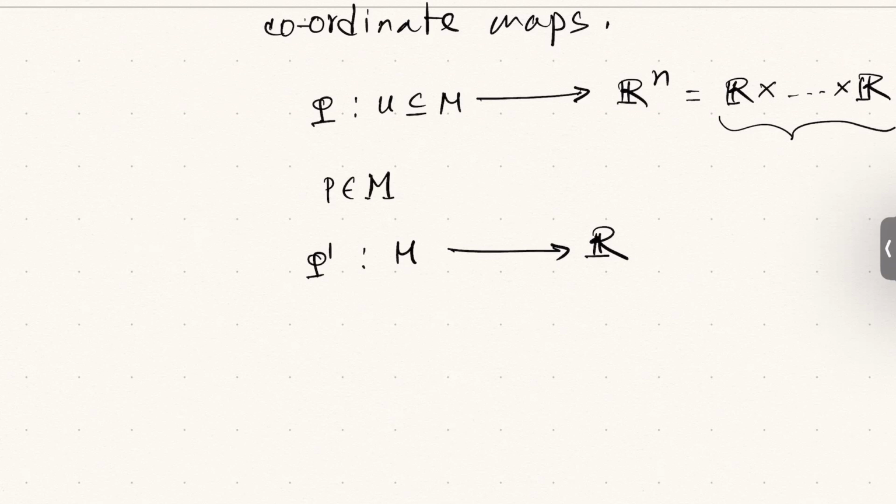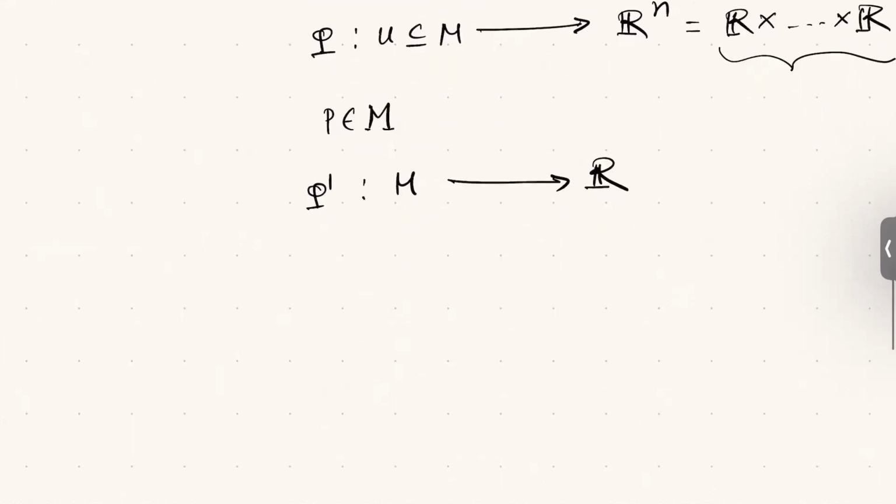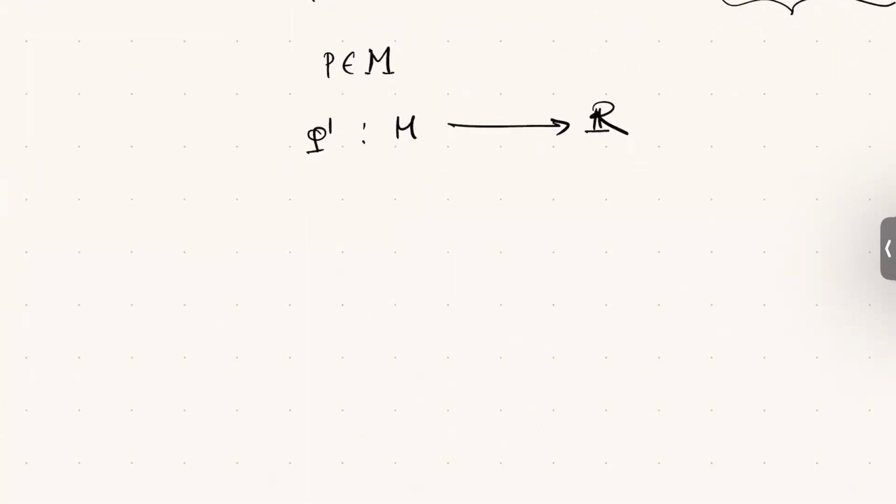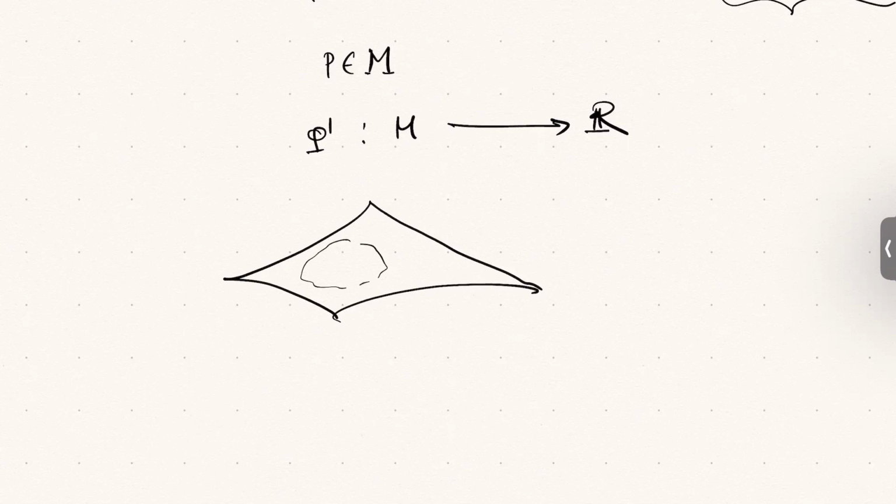So now, what we are interested in is, say, this is my manifold, and there is this set U and another set V, and this U intersection V is not empty.